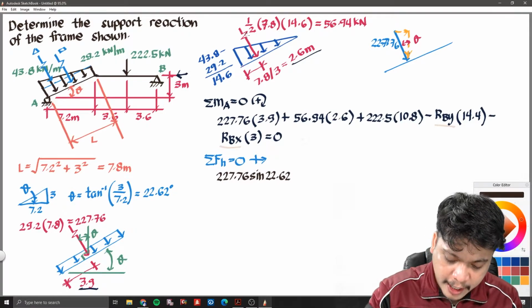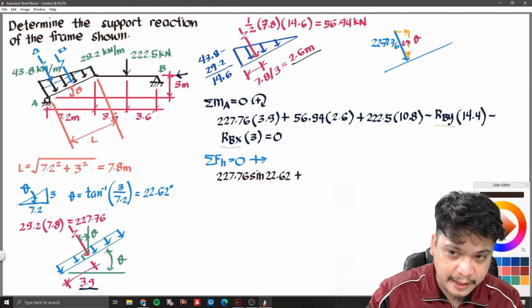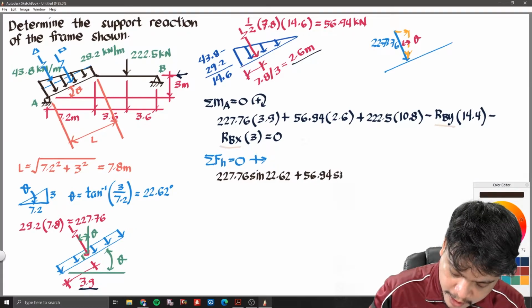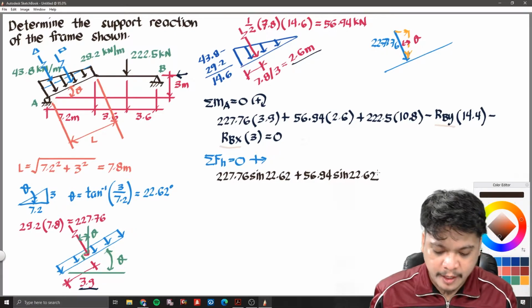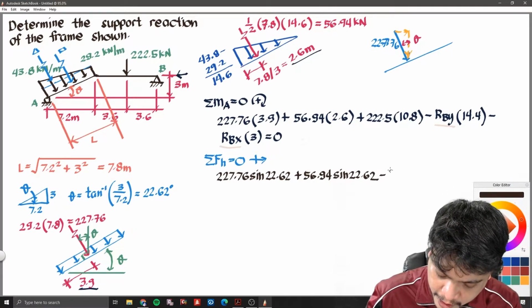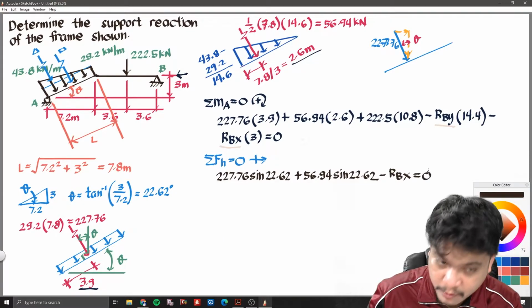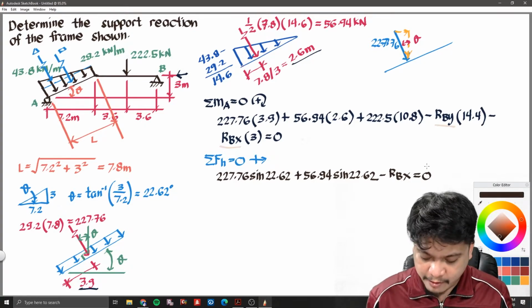Okay? Same thing yung gagawin ko dito. Meron din ako dyan para dito sa aking triangle. So, that's 56.94. And that would be sine of 22.62. Okay? And then minus, I will be having here RBX. And that would become equal to 0. Okay? So, magkakaroon na akong kagad ng RBX.